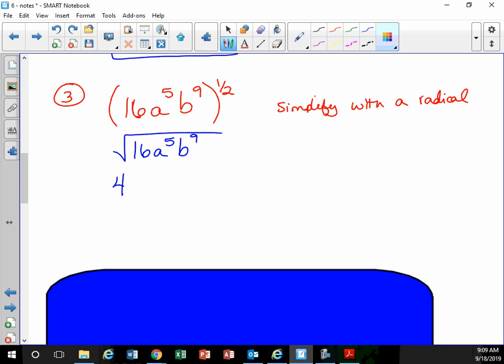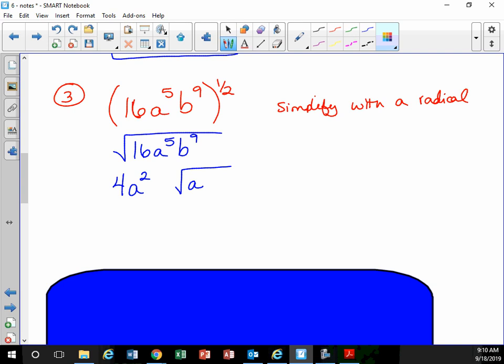If you think about it, 5 times 1/2, that's going to leave you with a fraction, right? Okay. So what you need to think about is the index here would be a 2. How many times will 2 go into 5? 2 times 2 with how many left over? 1. The leftovers get stuck under the radical. You said 2, so I'm going to write a squared outside, 1a stuck under the radical.